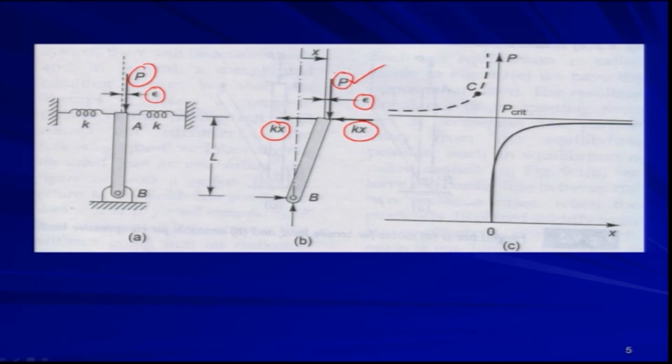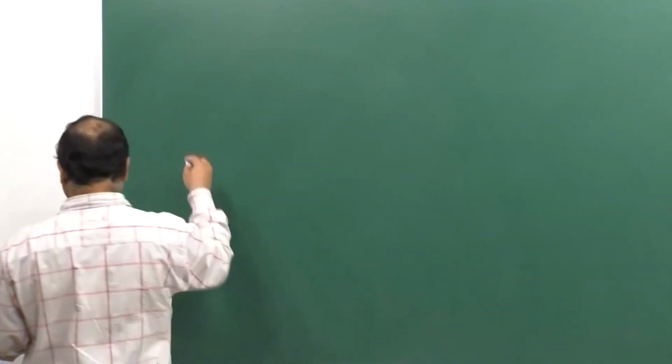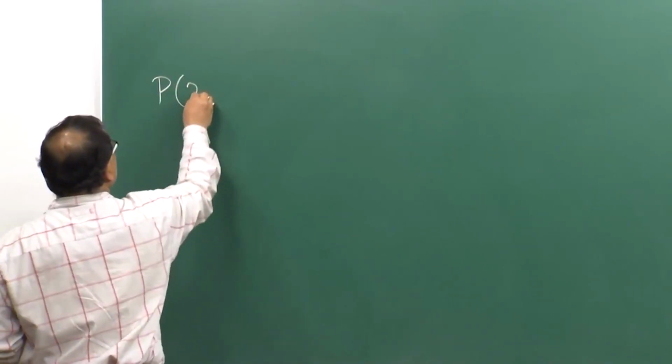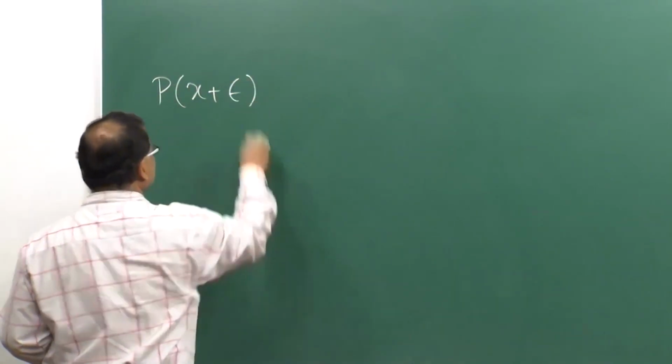Now, instead of x, the distance between the line of action of the force P and the axis will be x plus epsilon, that is your eccentricity. So, we can simply write P into x plus epsilon.